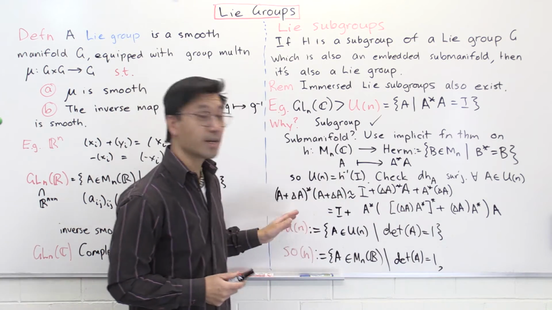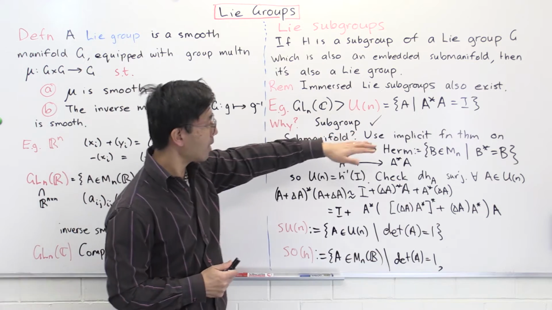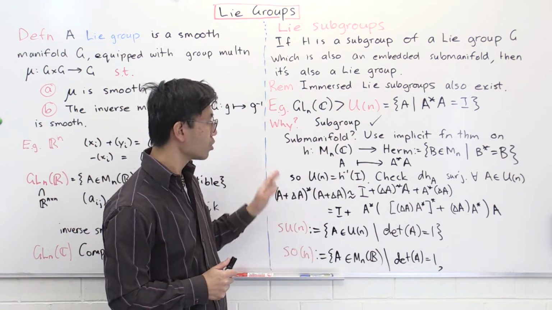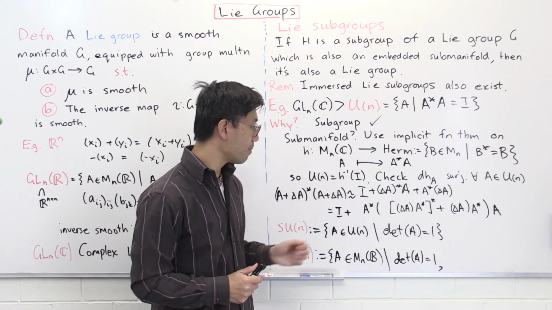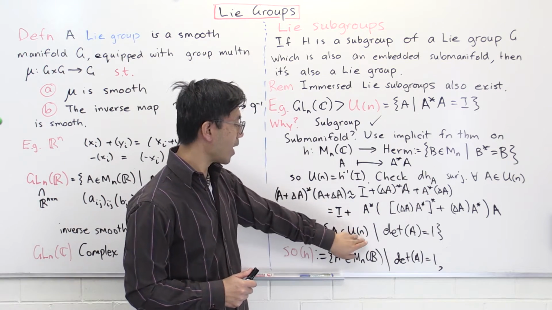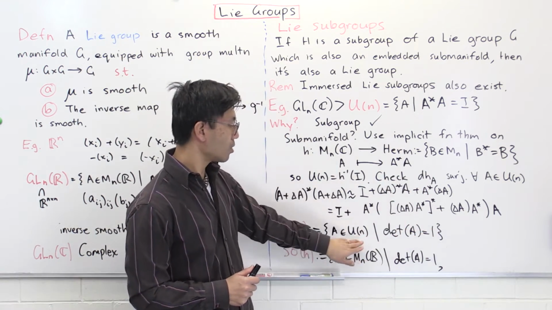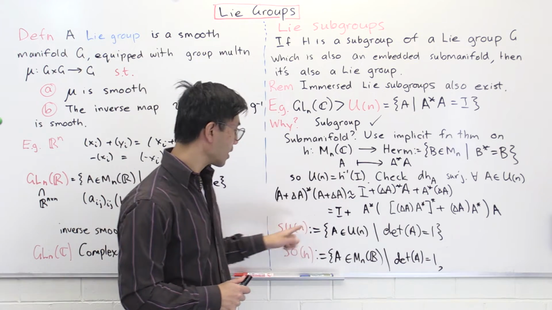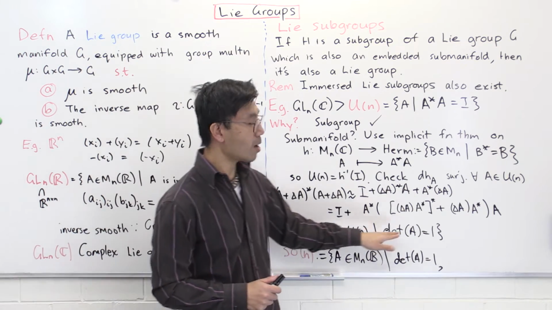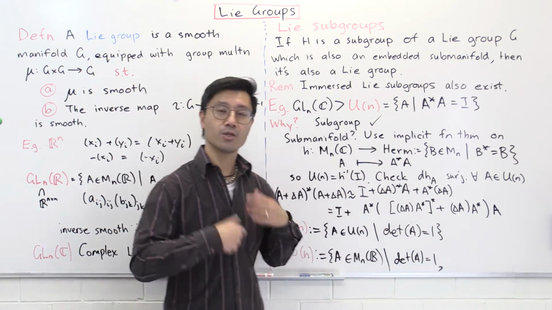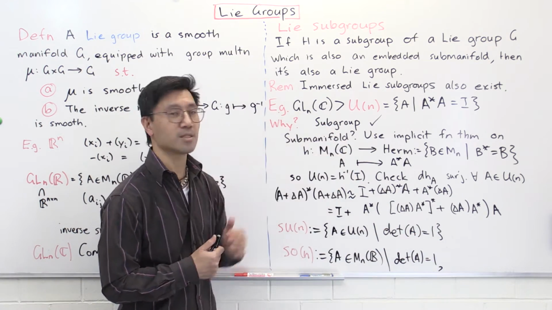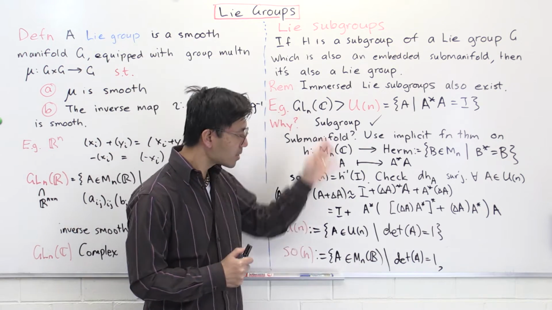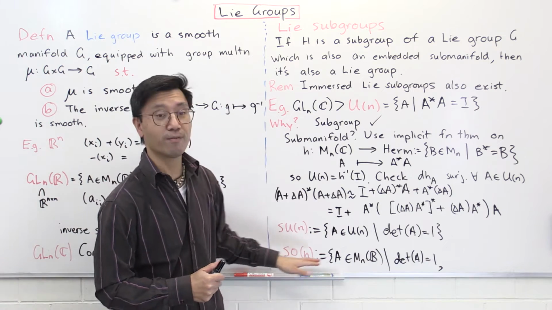It's clearly a subgroup, and you can show it's a submanifold by applying the implicit function theorem again. You can look at the determinant map from U(n) to the complex numbers, and basically this will be the subset where the determinant is 1, and then you apply the implicit function theorem again to show that it's a Lie subgroup. Similar techniques also show this slight real variant of it.